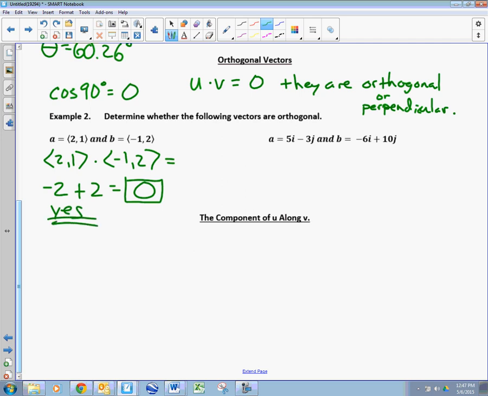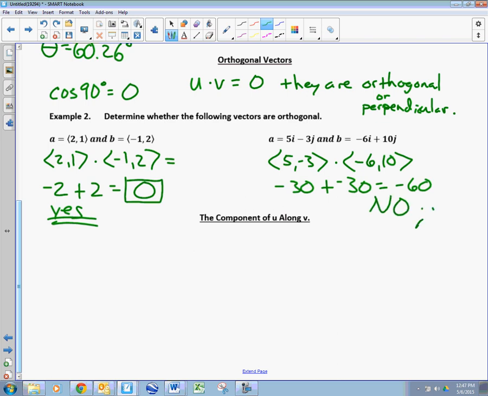Yes. Next one, I got 5, negative 3 times negative 6, 10. 5 times negative 6 is negative 30, plus negative 30 is negative 60. Oh, not 0. Are they orthogonal? No. Sad day.